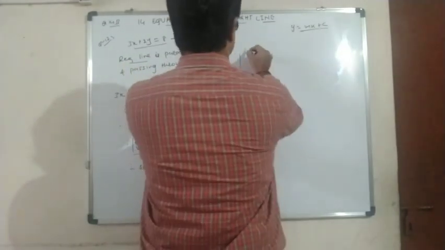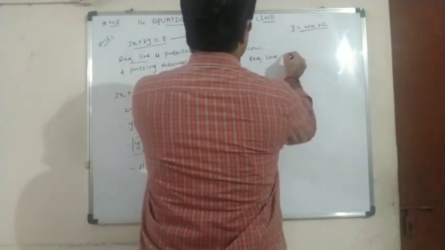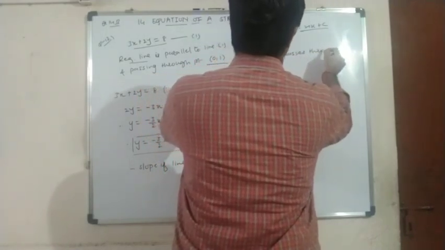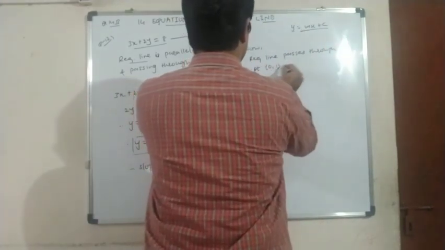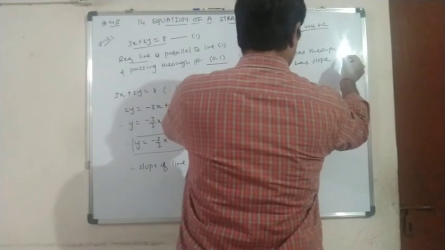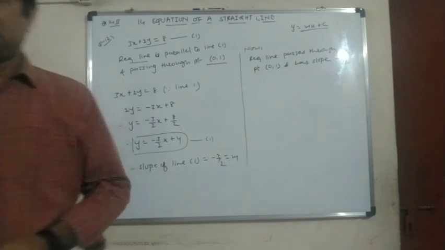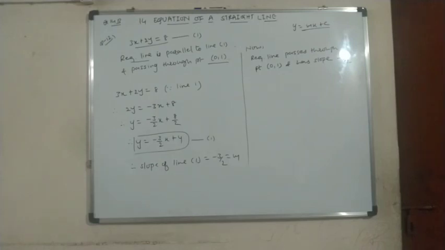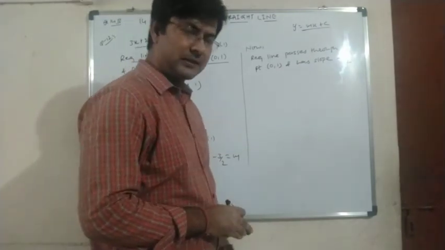Now we know that the required line passes through the point (0, 1) and has slope -3/2. Okay, the required line passes through point (0, 1) and has slope -3/2.